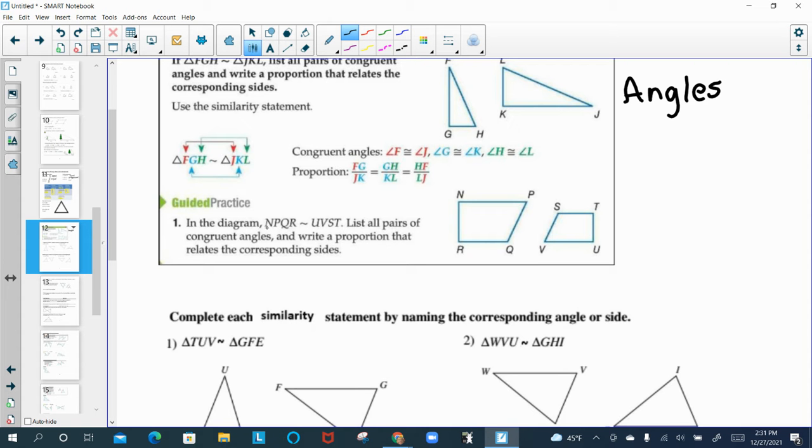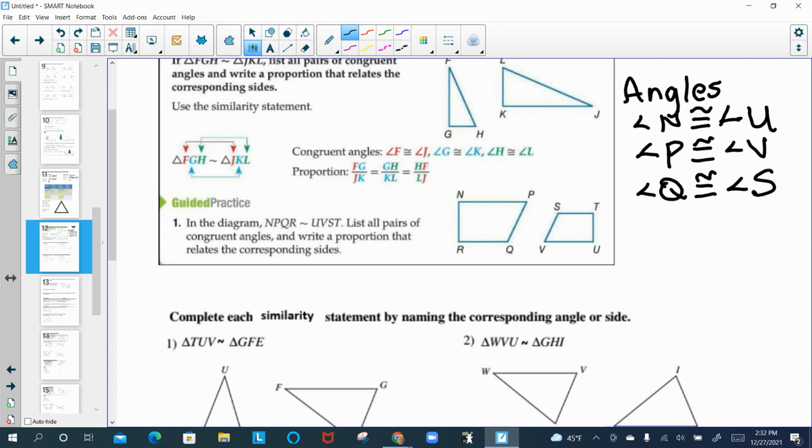So angle N is congruent to angle U. Angle P and angle V. Angle Q and angle S. And we have a fourth one here because this is a four-sided shape.